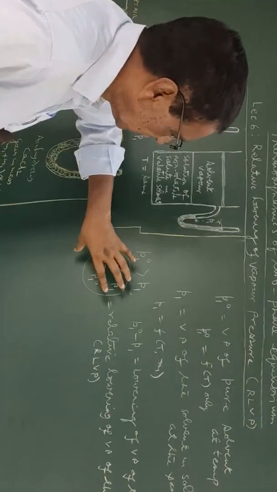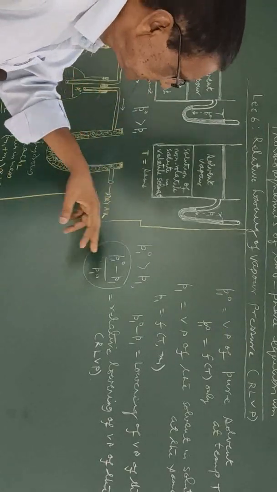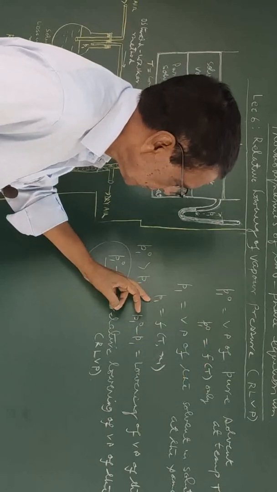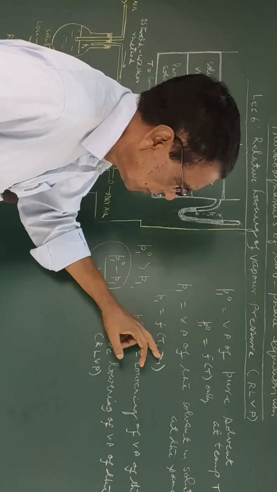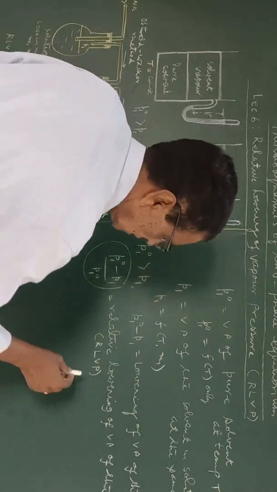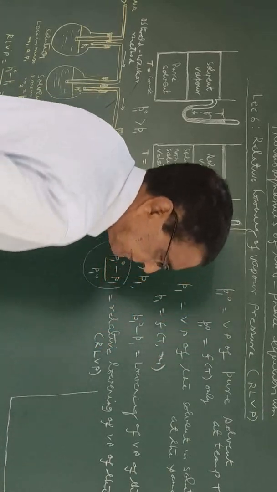So this is the colligative property, and this P1 naught is a function of temperature. P1 is a function of temperature, and the greater the value of x1, the greater will be the value of P1. This could also be shown by means of a graph.